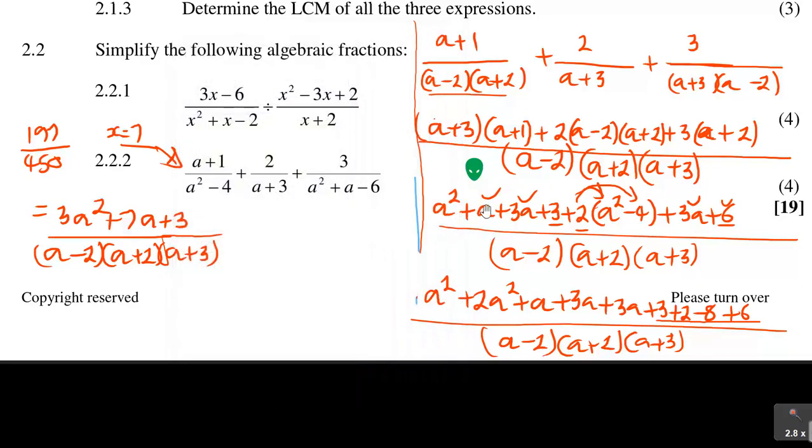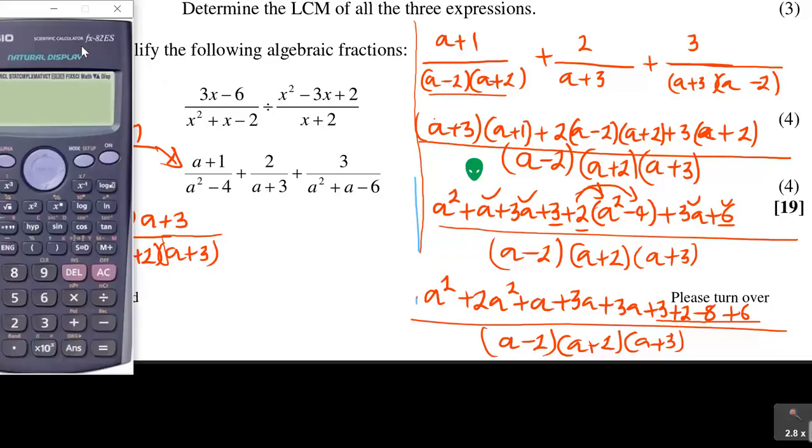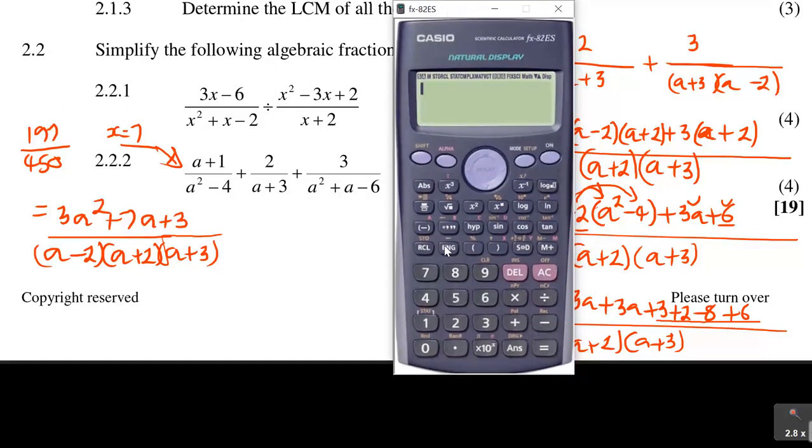So let me just see again if ever there is a part that I'm missing. So let us test it again. Let's go slowly.